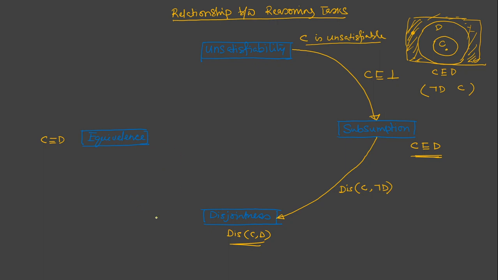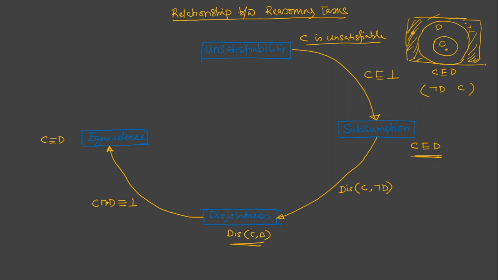Now let us try to translate a disjointness problem to an equivalence problem. When we say that two classes are disjoint, if we take the intersection of these two classes, this will become equivalent to the bottom class.